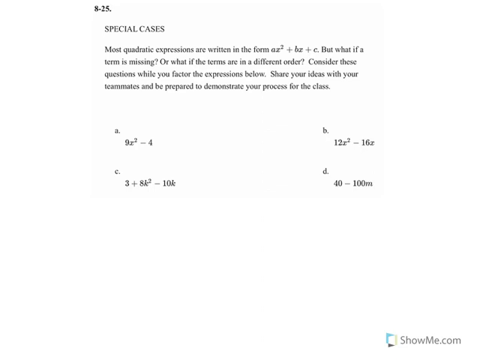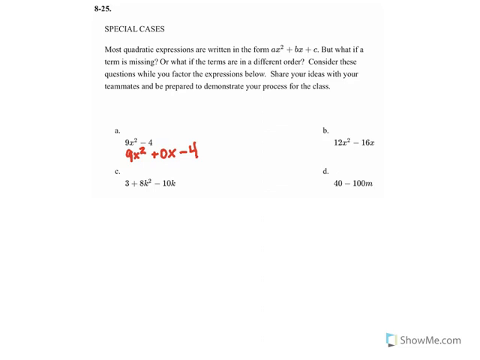So we're going to go through and fix all of these if they need fixing. So on A, I have 9x squared. So I have an x squared term, but I don't have any x's. If I don't have any x's, that means I have 0 x's. So I'm going to write plus 0x and then minus 4. You guys should be able to factor that.